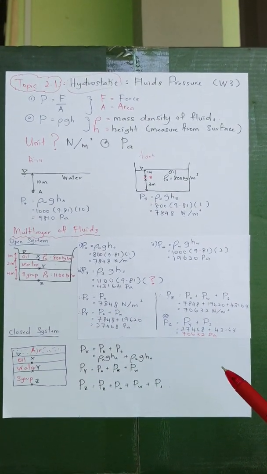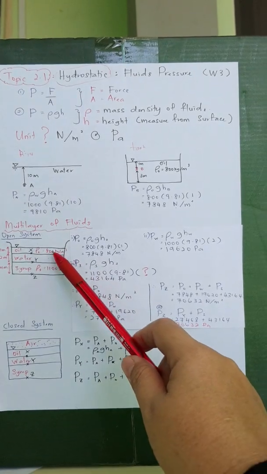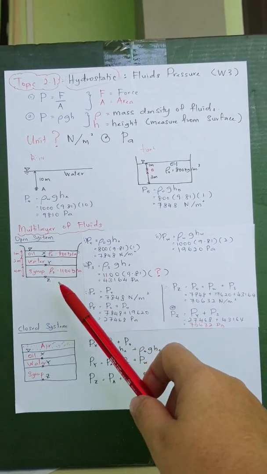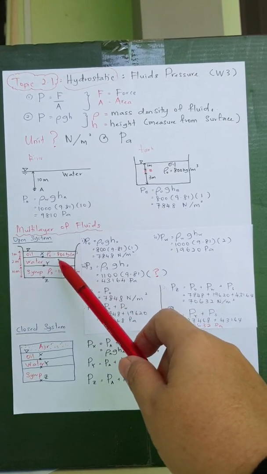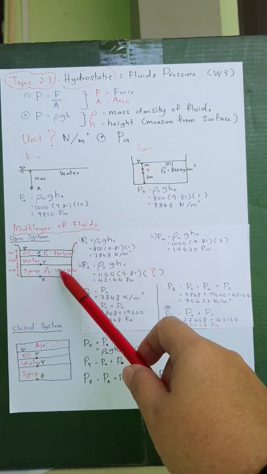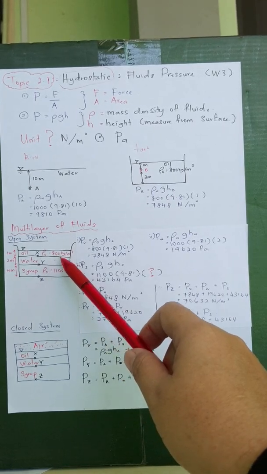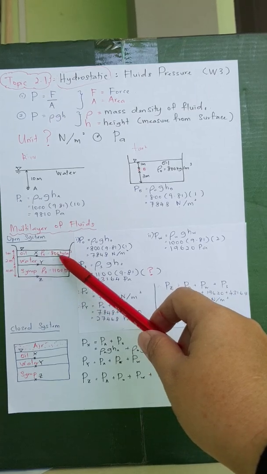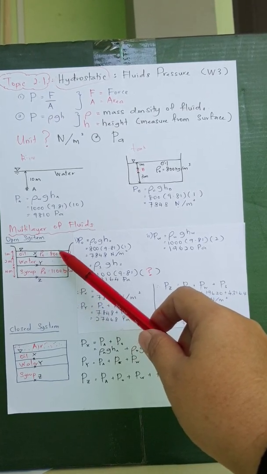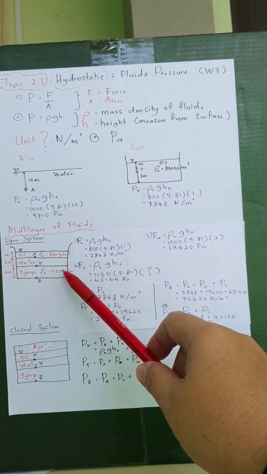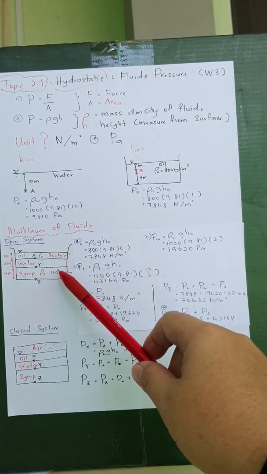Now, if we have multiple layers of fluid, like in this example, we have oil, water, and syrup. The higher the density of the liquid, the lower it will be at the bottom of the fluid.